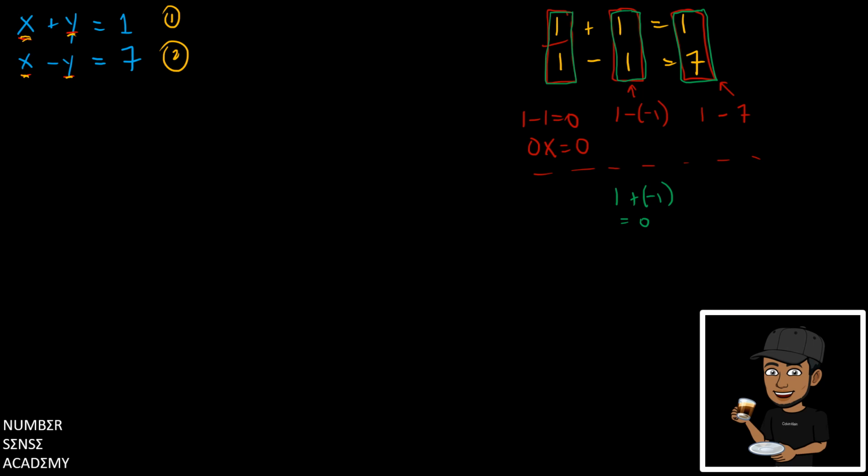Another thing that I could do, and this might pop up sometime, is if I'm really keen to just add a positive value and a negative value, I could also make the first term in equation 2 negative by multiplying equation 2 by negative 1, and then I'll have 1 plus minus 1 that will equal 0.